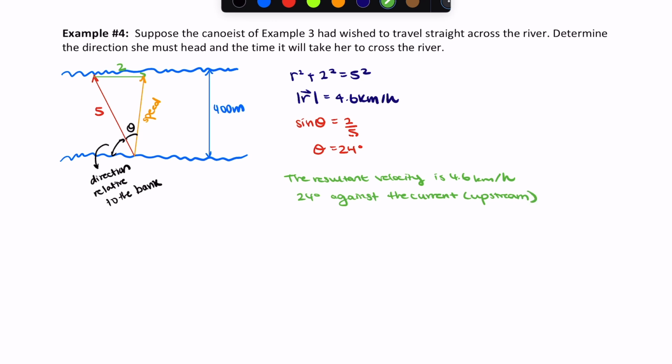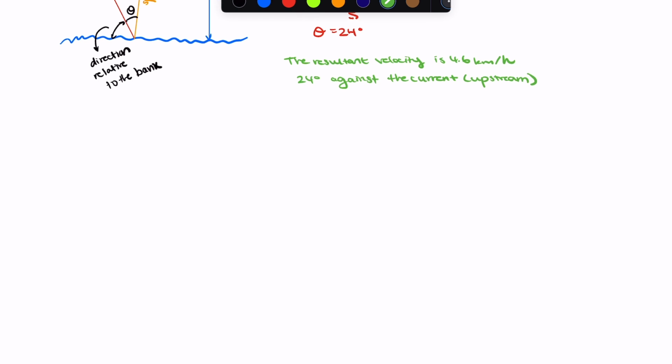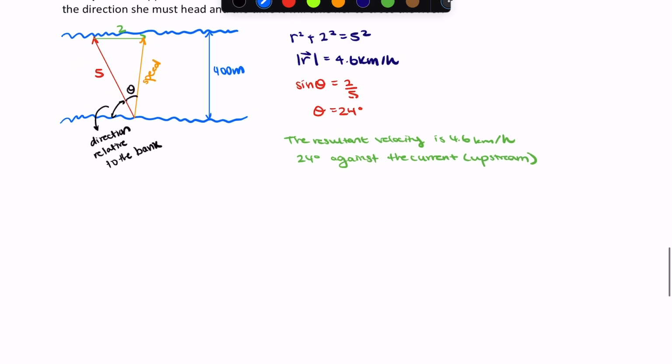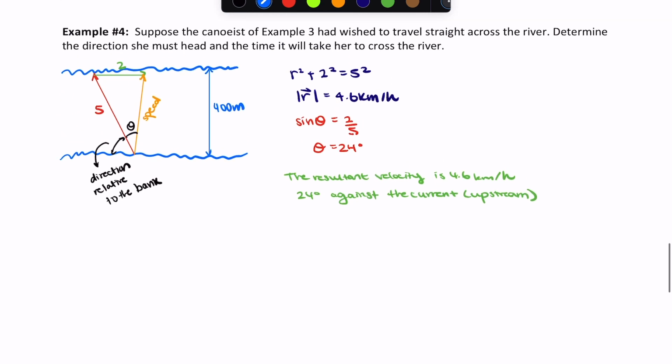So here again, it's telling us to find the direction, and then the time it must take for her to cross the river. So here we know that time is equal to distance over speed.